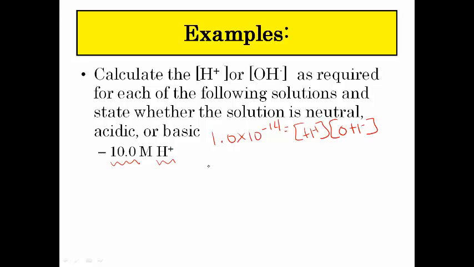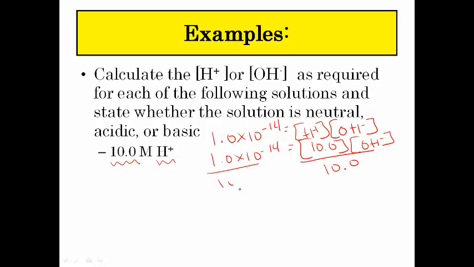So 1.0 times 10 to the negative 14th is equal to, in this case, 10 times my OH. I'm going to divide each side by 10. This might be one that you plug in your calculator, because you don't have any exponents in this case. So I work this out to be 1.0 times 10 to the negative 15th for my OH concentration.